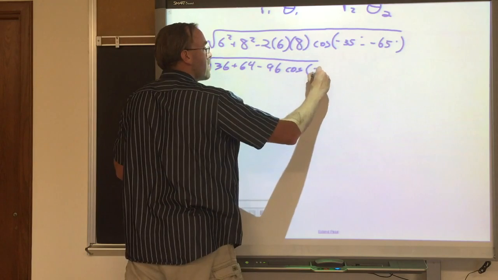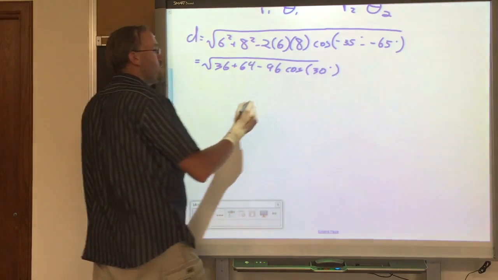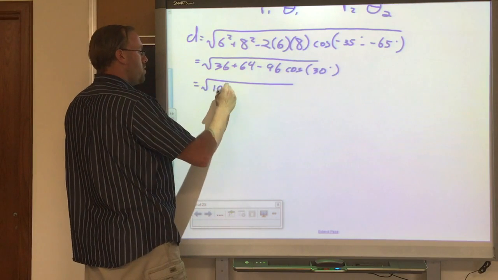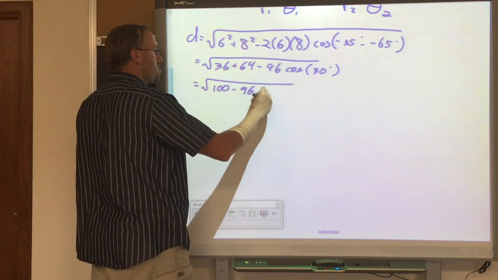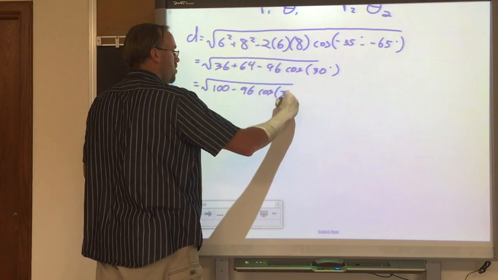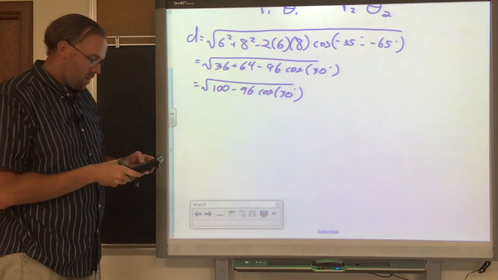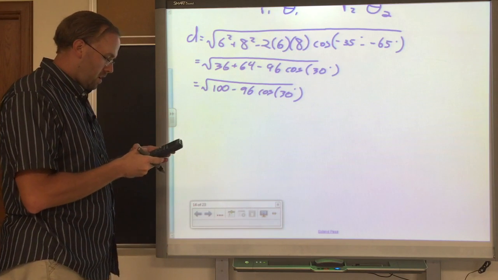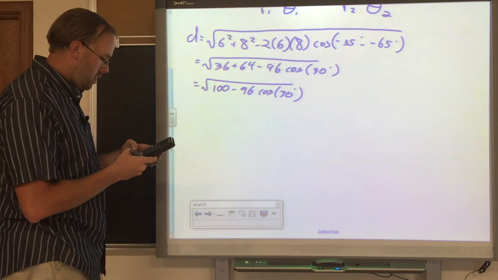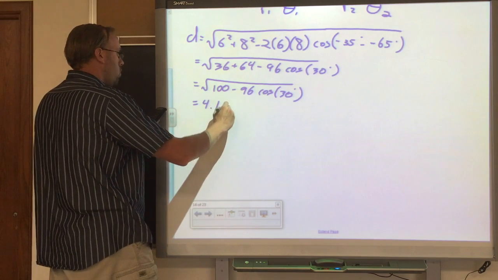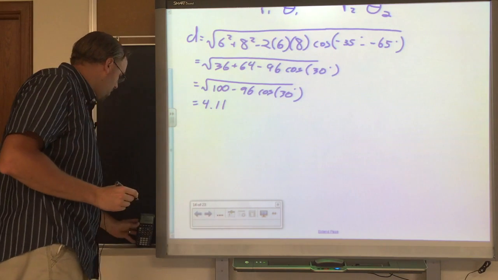So that means we are left with positive 30 degrees inside of cosine. So 100 minus 96 cosine of 30. So on the calculator, square root of 100 minus 96 cosine of 30, and we get 4.11 units.